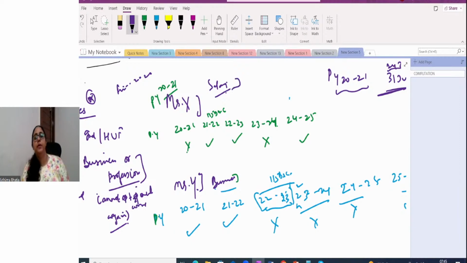If you are a salaried employee, you have to give a declaration or inform your employer at the beginning of the year that I want to opt for 115BAC.